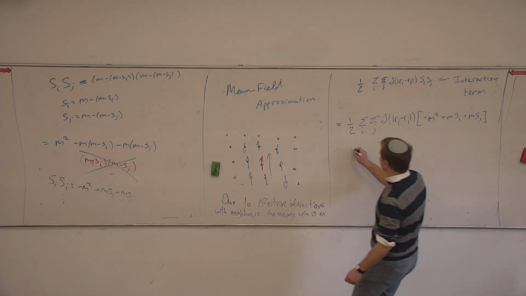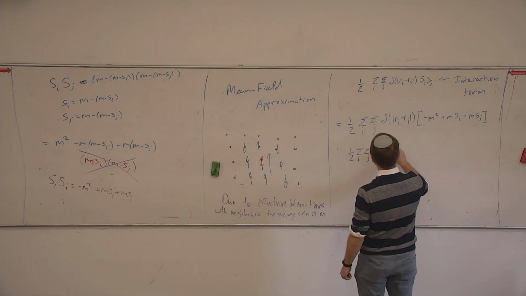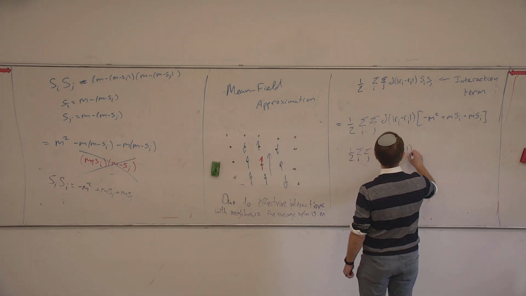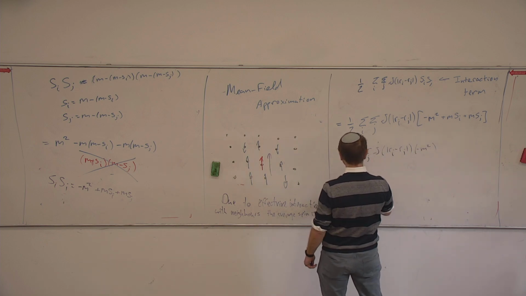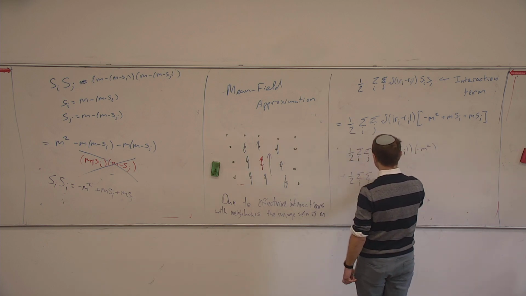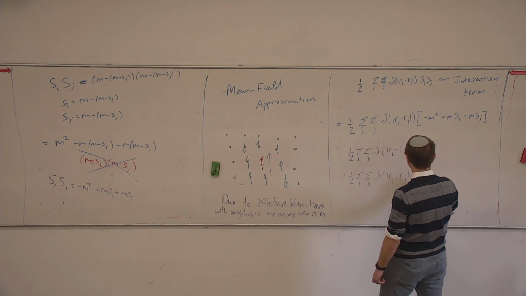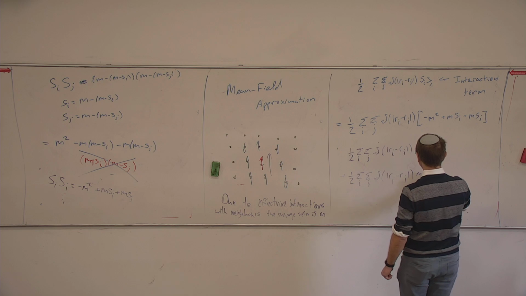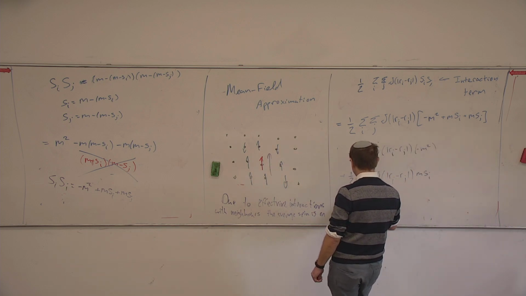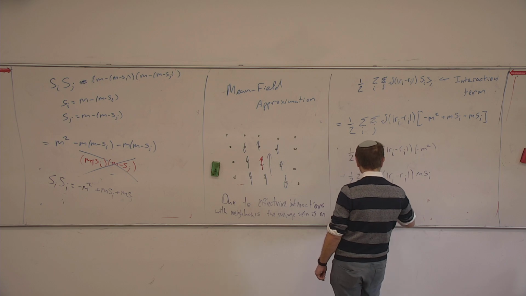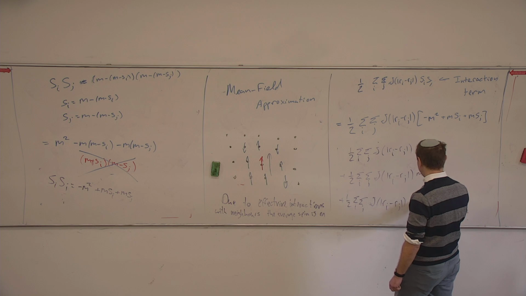We have 1/2 a sum over I, a sum over j, J of Ri minus Rj multiplied by minus m squared. We have 1/2 a sum over I, a sum over j, the coupling coefficient J of Ri minus Rj over m Si, and we have a sum over I, a sum over j, J of Ri minus Rj, and we have m Sj.